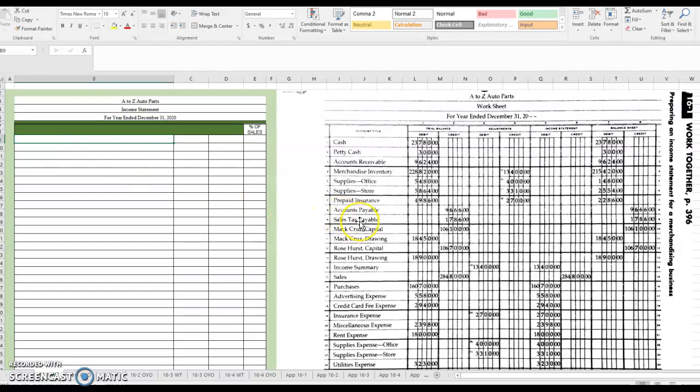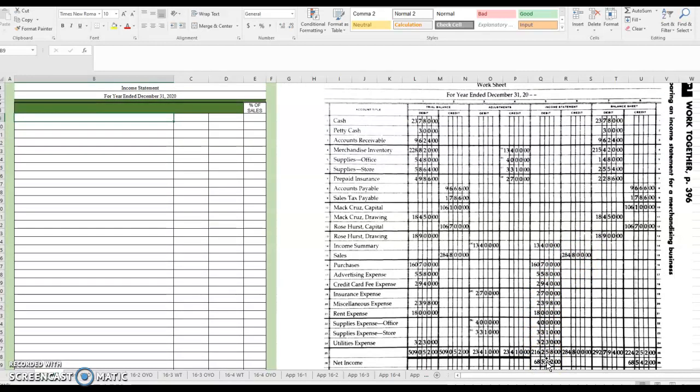So an income statement has all the information from sales through the expenses. So we have total revenue, sales, then we have purchases, and then we have all our expenses.